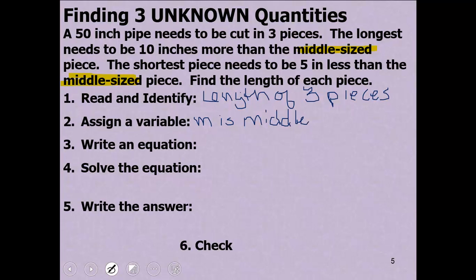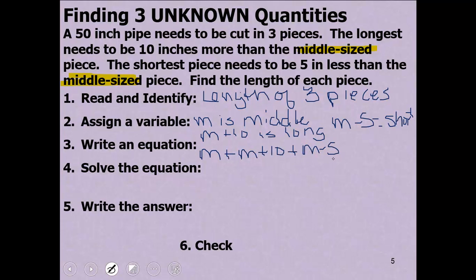M plus 10 is the long, and M minus 5 is the short. What do I know about all 3 of them? When I add them all together, they had better equal 50 inches.